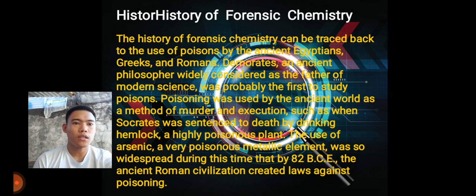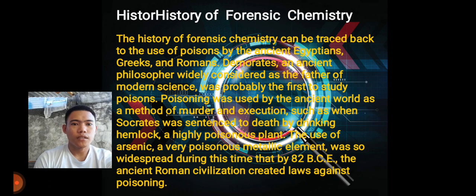Poisoning was used by the ancient world as a method of murder and execution, such as Socrates, who was sentenced to death by drinking hemlock, a highly poisonous plant. So, bali, si Socrates amo nang siya sa una ng kuan sentence to death mo nang gipainom siya ng poison kanang poisonous plants, a highly poisonous plant.